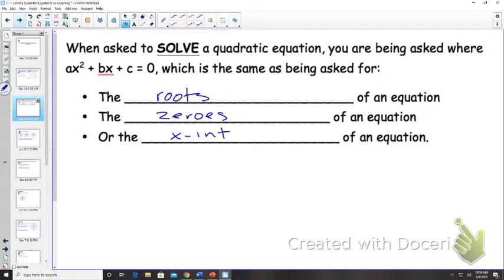Remember when we were in factored form, we were always trying to find what value of x would set the whole function equal to 0, right? Very closely related to that.